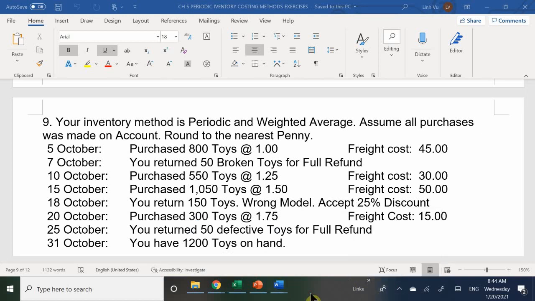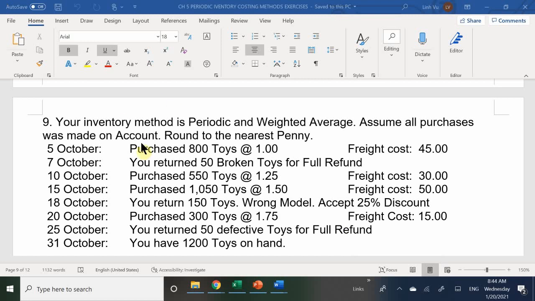And then let's see what happened here. On the 18th of October, you returned 150 toys, the wrong model, but you're willing to accept a 25% discount. So this time they sent us the wrong model, but we're willing to accept a 25% discount.